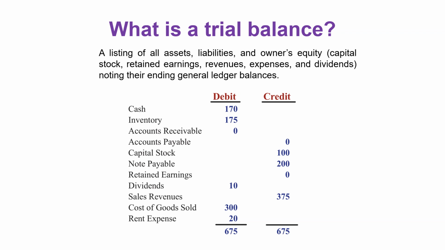Unfortunately, the trial balance really doesn't give us assurance that we have accounted for every single transaction properly, or that we've even accounted for every single transaction. For example, if we simply missed a day's worth of transactions, our trial balance will still balance. We will have an equal amount of debits and an equal amount of credits.